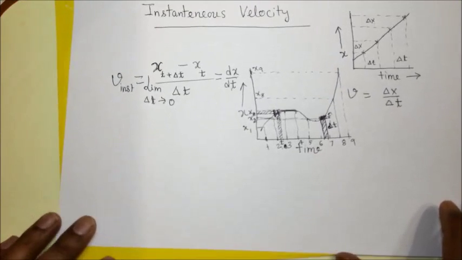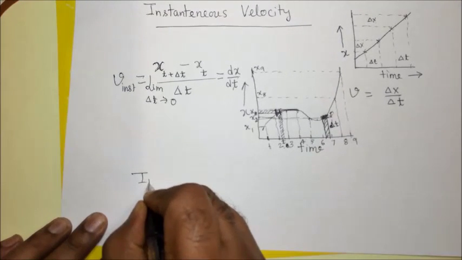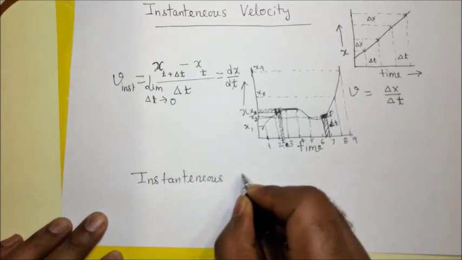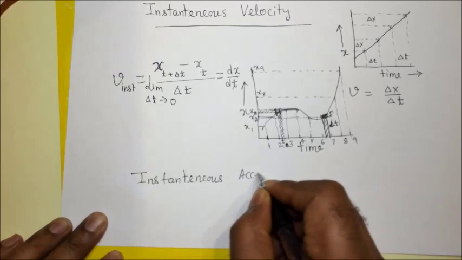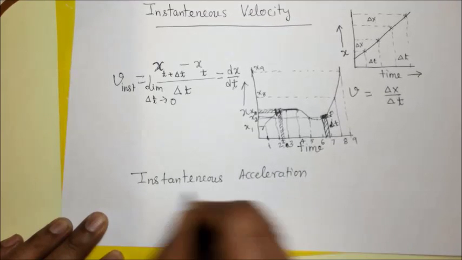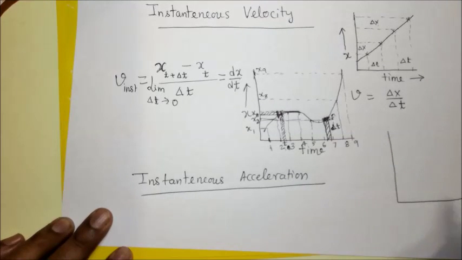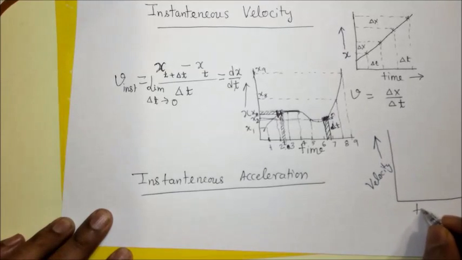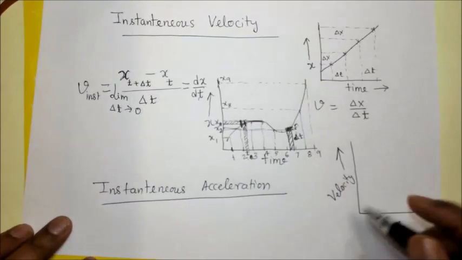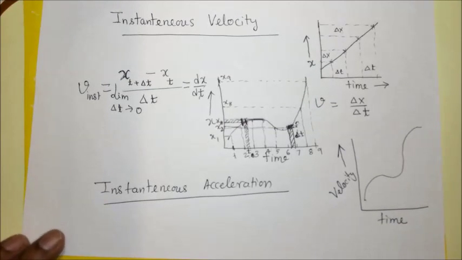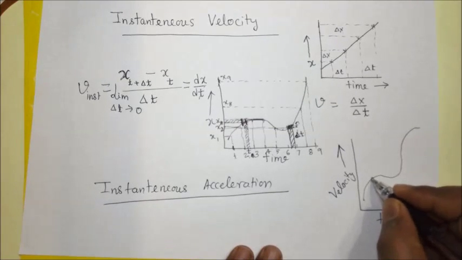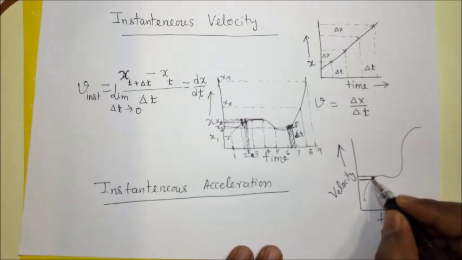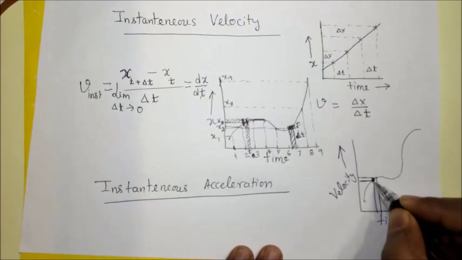Instantaneous acceleration. What is instantaneous acceleration? You have velocity on this axis and time on this axis, and you have a graph something like that, velocity versus time. I want to find acceleration at this instant, so I take a tiny interval delta v and a tiny interval delta t.